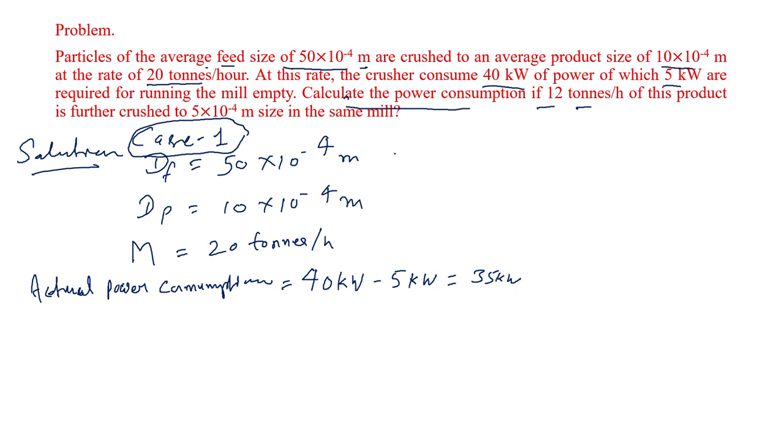So the mill is the same, and the product is further crushed for the second case. These data are the feed size and this is the product size. So in the first case we have to calculate Rittinger's constant.